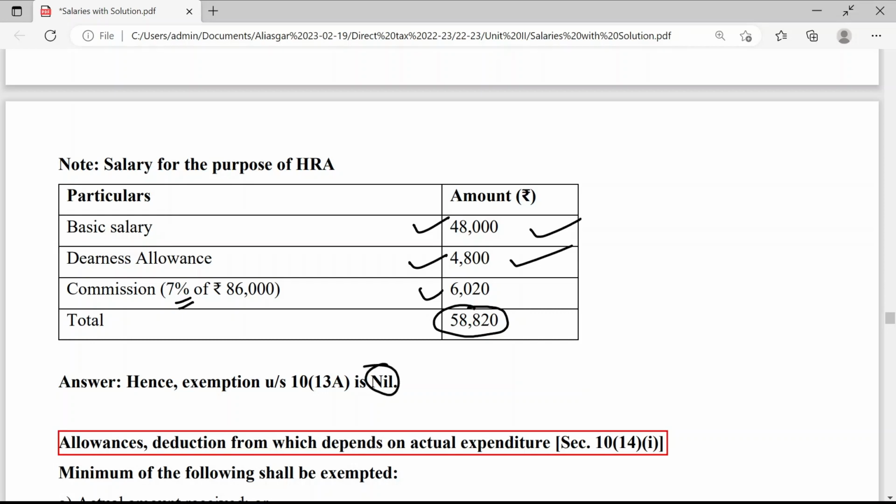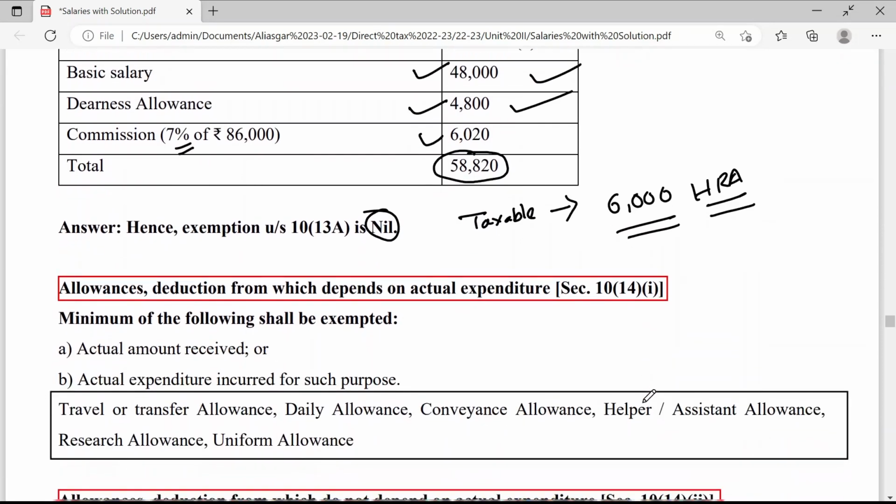But if the same question asks what is the taxable portion, then the taxable amount is 6,000, that is the total amount of HRA received. So this is a fully taxable amount. So this is all about HRA.